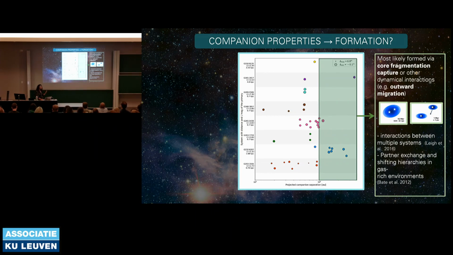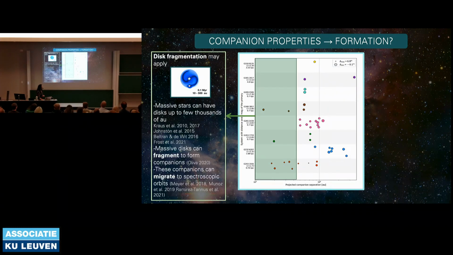If we still think that these companions have formed through disk fragmentation, to be found at these large separations, they were probably ejected from the system. Also, there can be interactions between multiple systems and partner exchange or shifting hierarchies in gas-rich environments that will then reshape a bit the structure of the different systems.